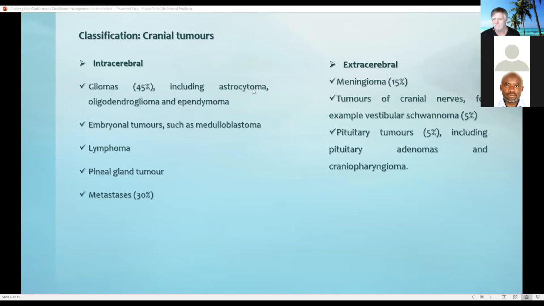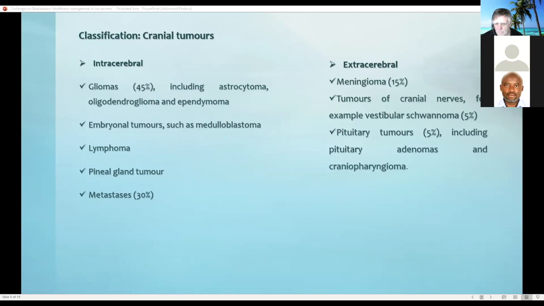As they start intracerebrally, we call them primary tumors because they are not metastatic. They are not coming from another site beyond the brain. We can also have lymphomas, pineal gland tumors, and metastases, which are secondary tumors.